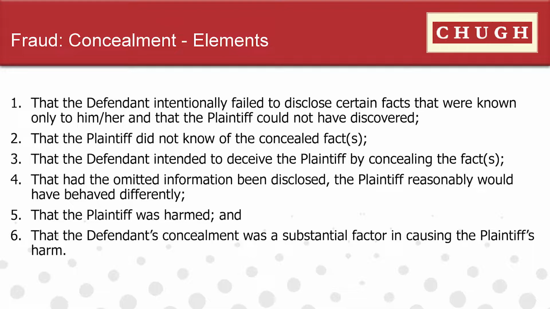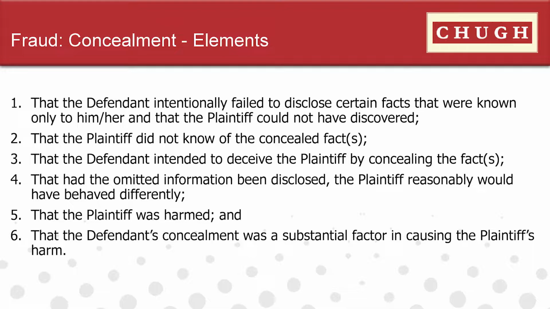So the tort of fraud by concealment is also a well-developed tort. It essentially has many of the same elements, except it's not that the defendant is making a representation of a certain fact to be true or false, but that the defendant is trying to conceal a fact from the plaintiff.